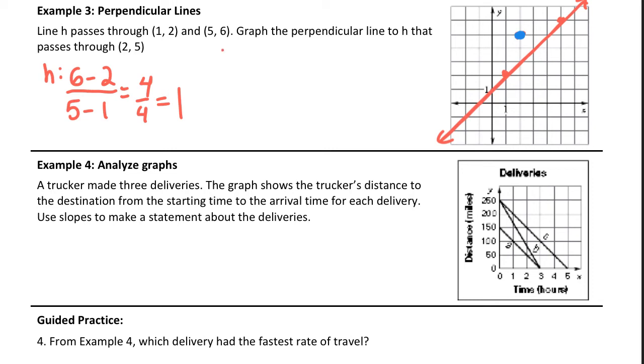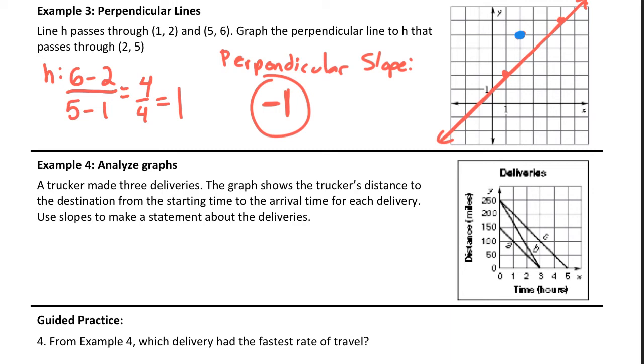So the perpendicular slope is the opposite reciprocal. So the opposite sign of +1 is negative, and the reciprocal of 1 over 1, if we flip the fraction 1 over 1, it remains 1 over 1. So our perpendicular slope is -1.